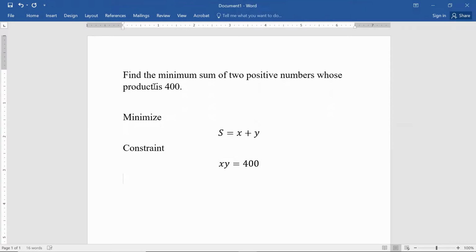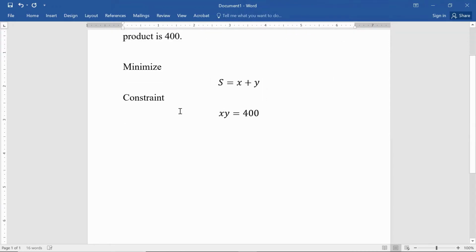This looks very, very familiar to a problem we've previously done. We're going to solve it in the same way. I'm going to rewrite the constraint equation. This time, I feel like dividing both sides by X. So I am going to get Y equals 400 divided by X. You could have also divided by Y just as easily.